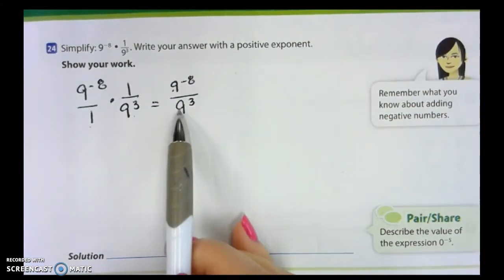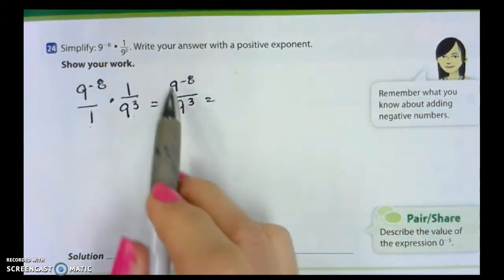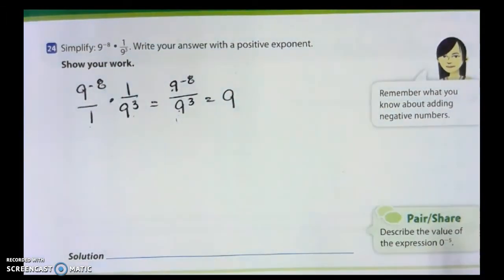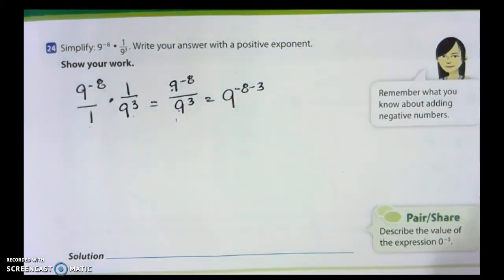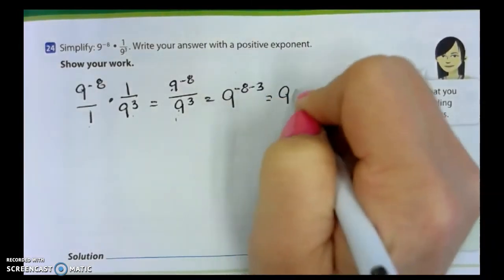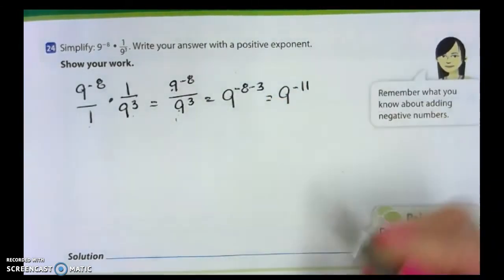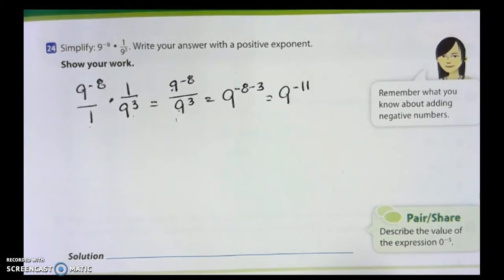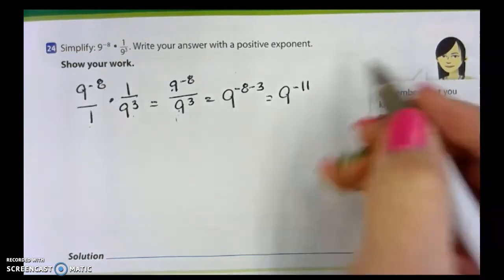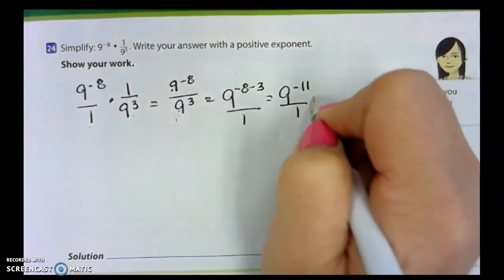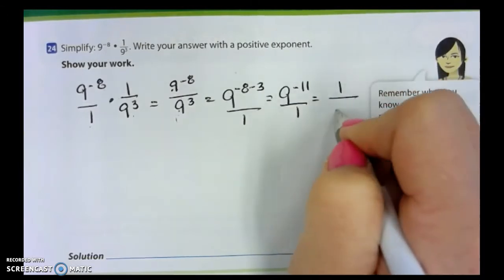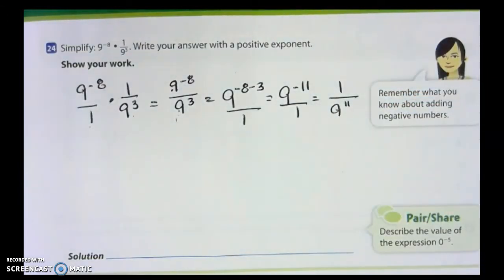Now I have like bases being divided. I can keep the base, subtract the exponents, negative 8 minus 3, which gives me 9 to the negative 11. I cannot leave a negative exponent, so I'm going to make it a fraction. I could have also left it as a fraction. Flip the reciprocal, and the answer is 9 to the positive 11.